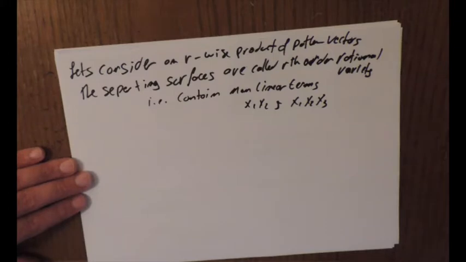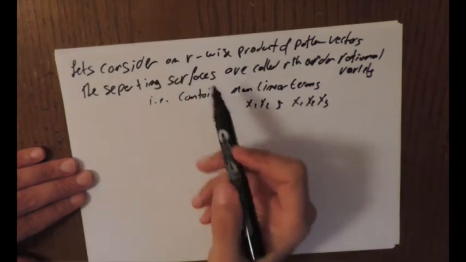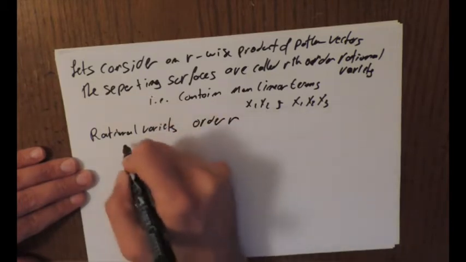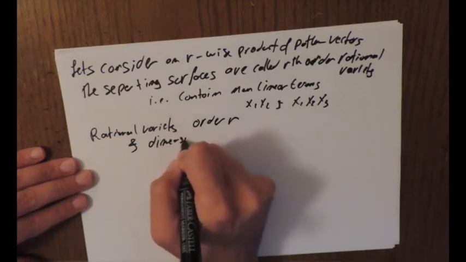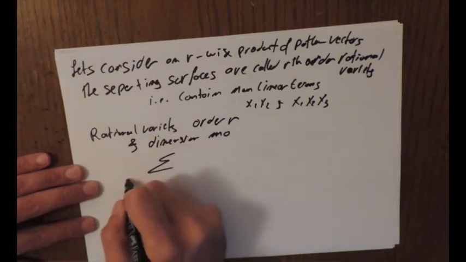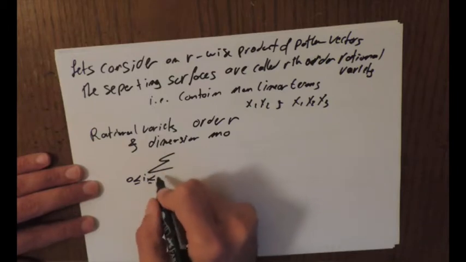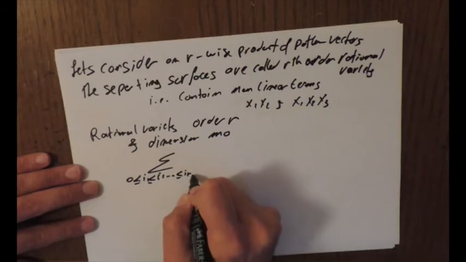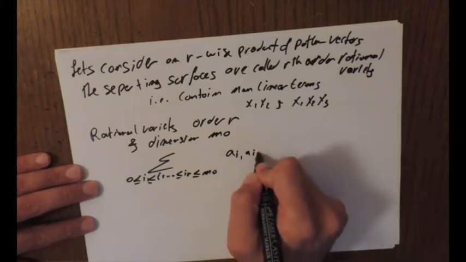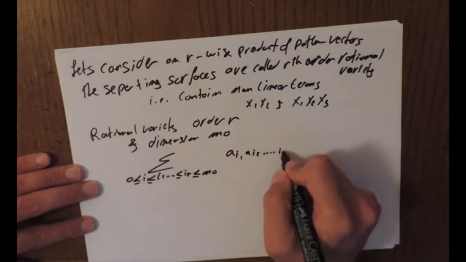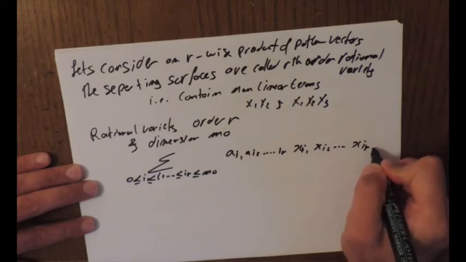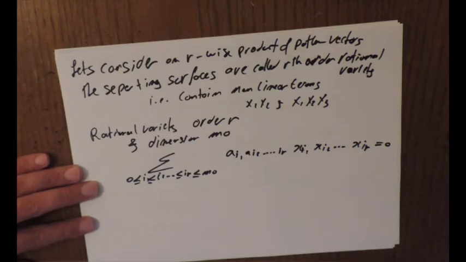So now we have the rational variety of order r and dimension m0, the input space, given by the following summation for 0 less than i1 less than i2 all the way to ir less than or equal to m0 of a constant a of i1, i2 all the way to ir times x i1 x i2 all the way to x ir, and this is equal to 0, where xi is the ith component of this vector.